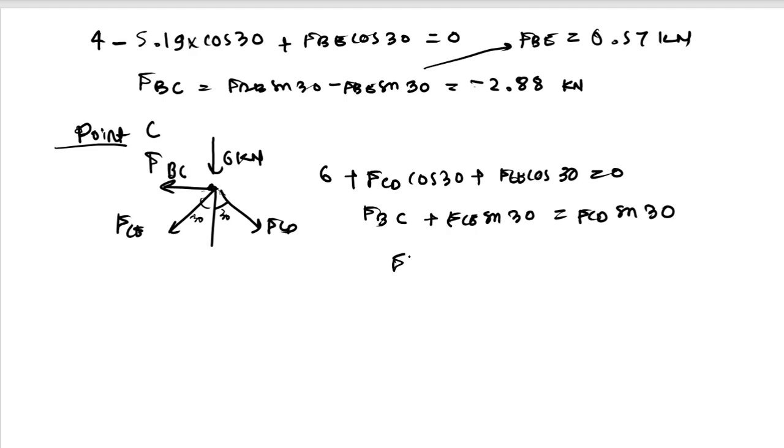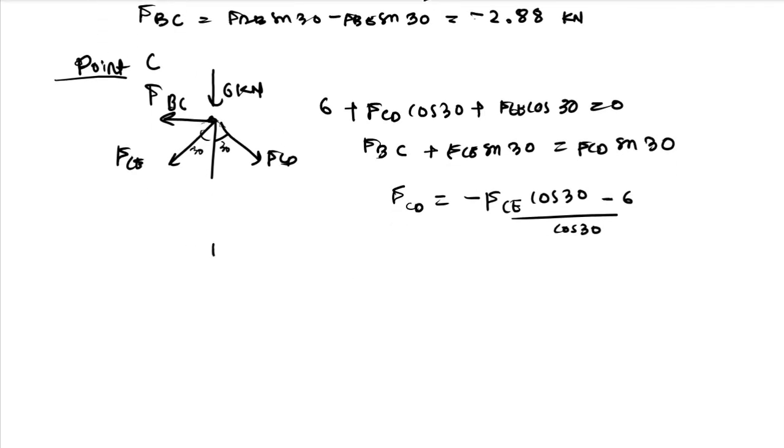So we have FCD as minus FCE cos 30 minus 6 divided by cos 30.